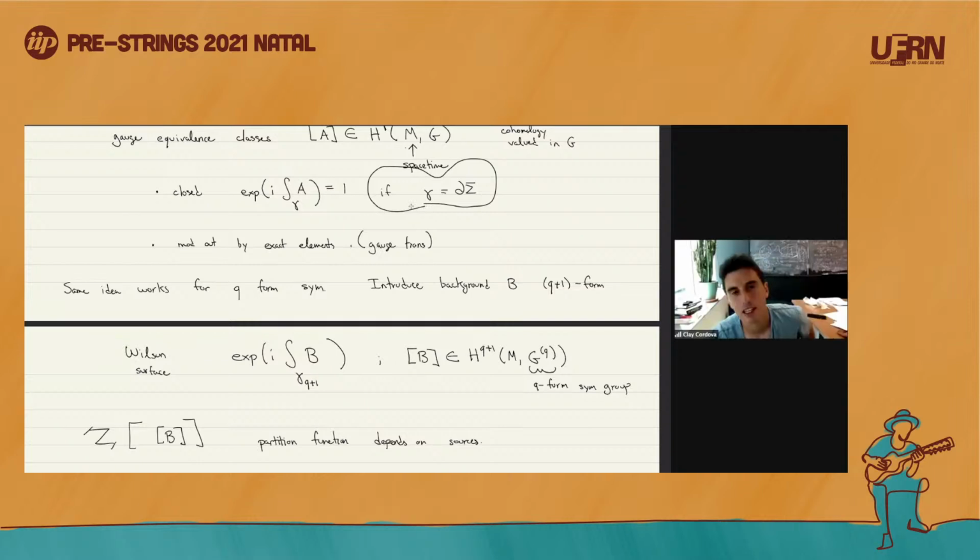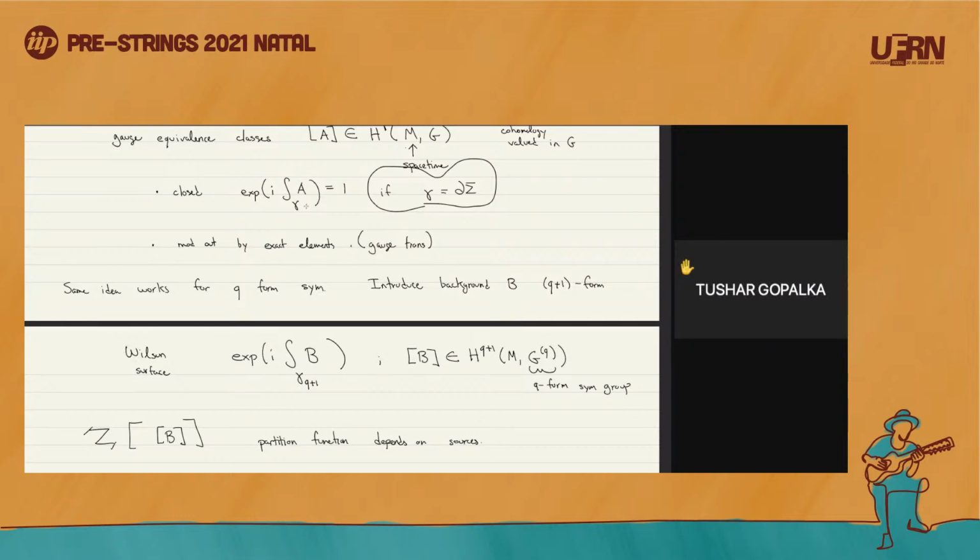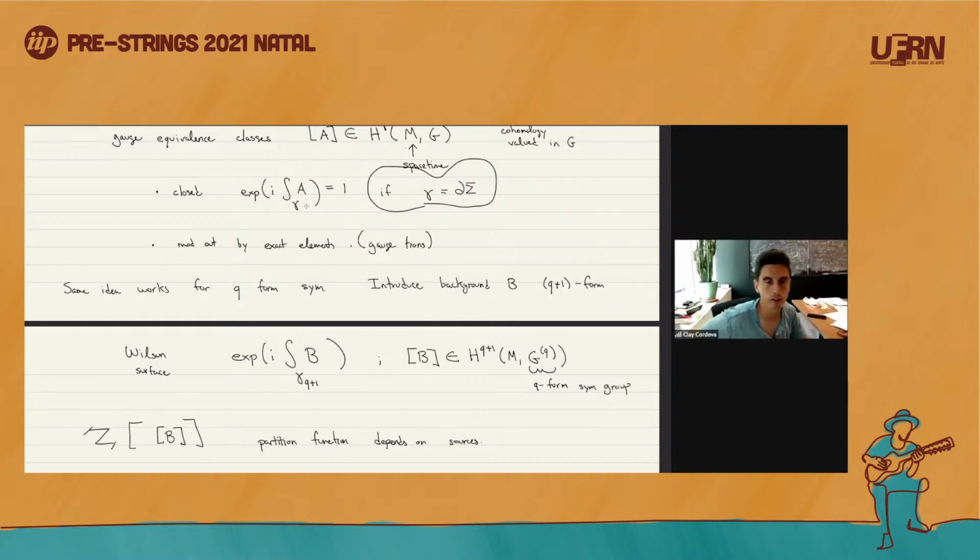That's the statement that A is flat, right? Usually, if gamma is the boundary of something, you would use Stokes and take the derivative inside and say, well, this is the same as integrating dA over sigma. But for discrete gauge fields, everything is flat. We do not have the curvature. So there's no notion of curvature to talk about. Okay, fine.